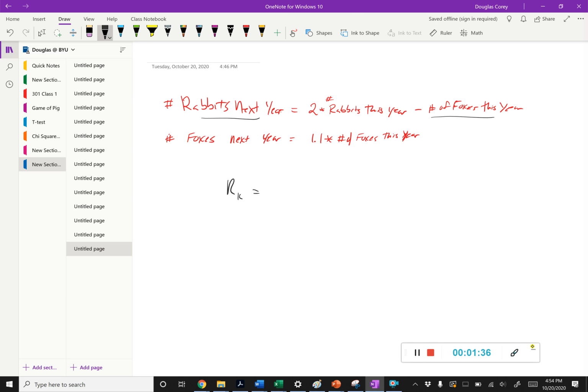And that means it's 2 times Rk minus 1 minus foxes in the previous year. And the foxes in the kth year will be 1.1 times the foxes this year.